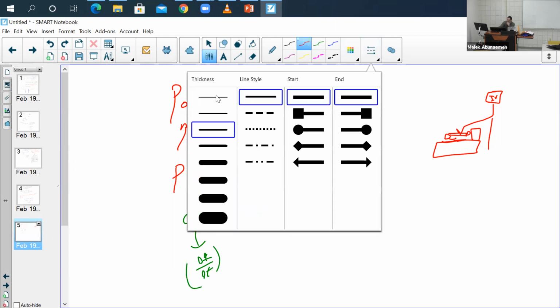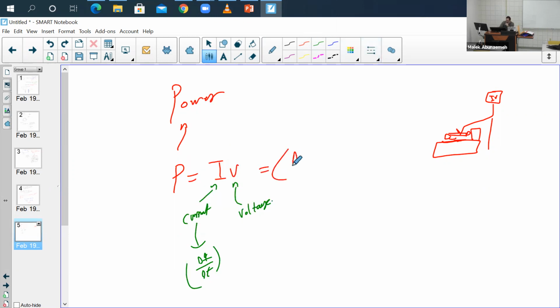So if we multiply this, we're going to have the amount of charge per time multiplied by your voltage V.